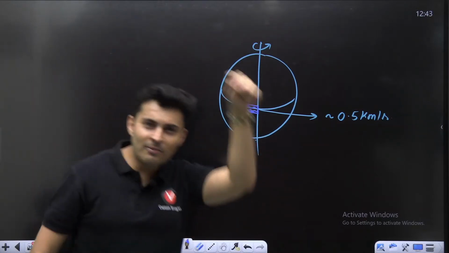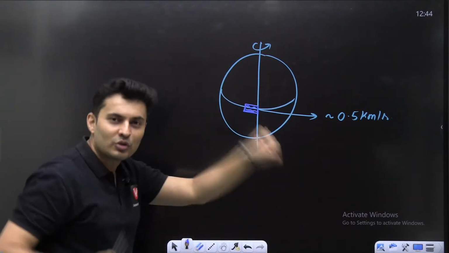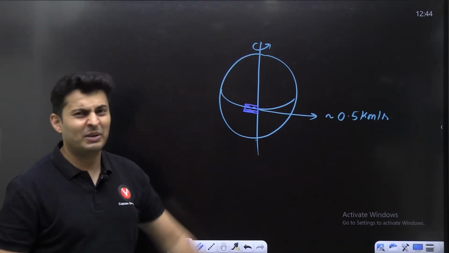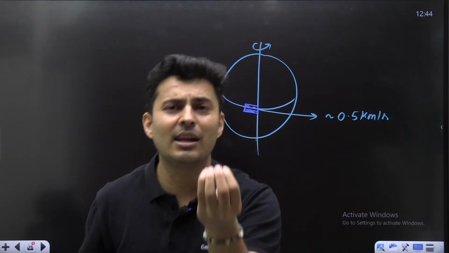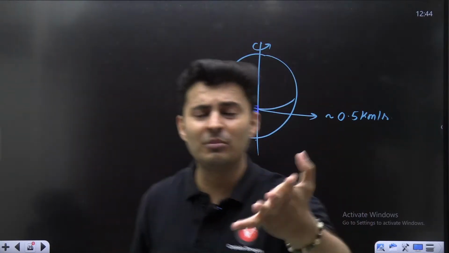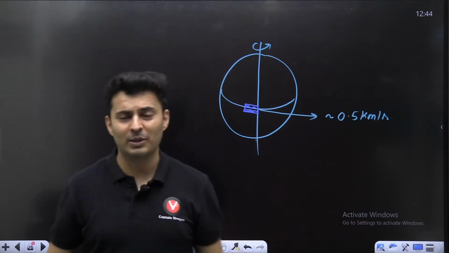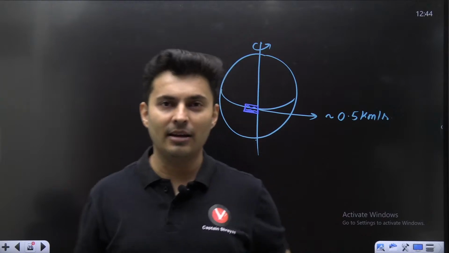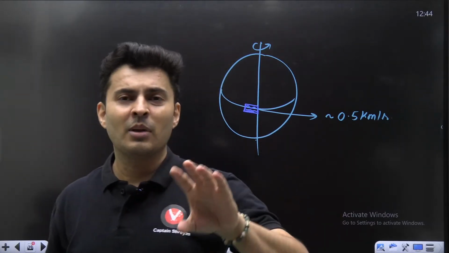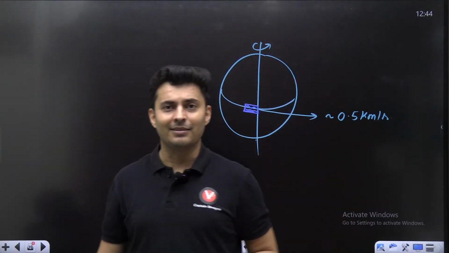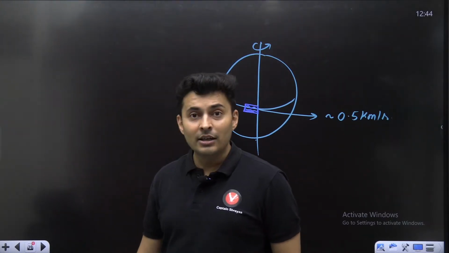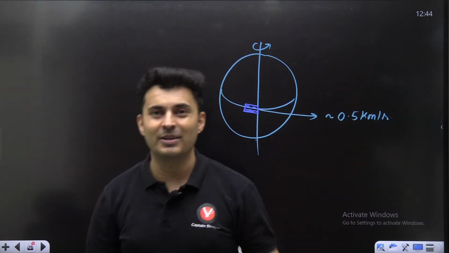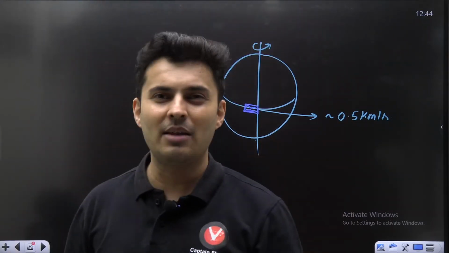So if you swim in that swimming pool at the equator with a very poor speed of 1 meter per second, your total speed might become, see, 0.5 kilometers is 500 meters, so it will become 501 meters per second. But that is the total velocity.